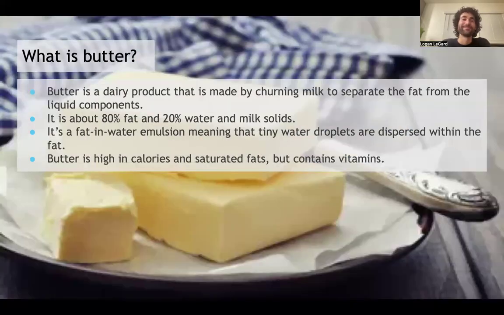What is butter? Butter is a dairy product that is made by turning milk to separate the fat from the liquid components. It is about 80% fat and 20% water and milk solids. It's a fat and water emulsion, meaning that tiny water droplets are dispersed within the fat. Butter is high in calories and saturated fats, but contains vitamins.